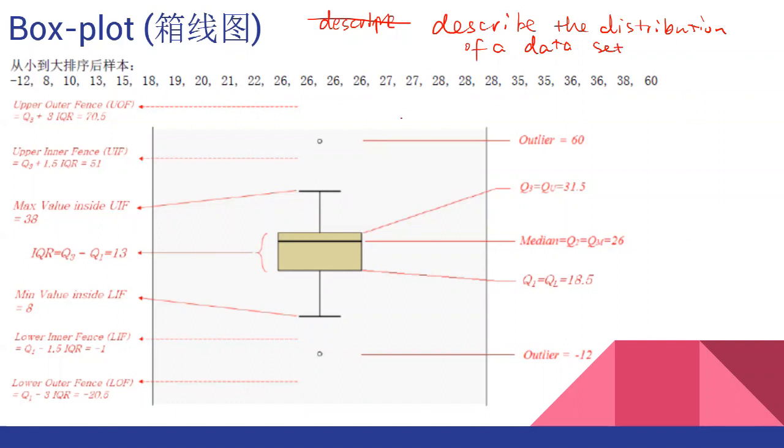In the box plot, the dots on the upper part or the lower part are called outliers.